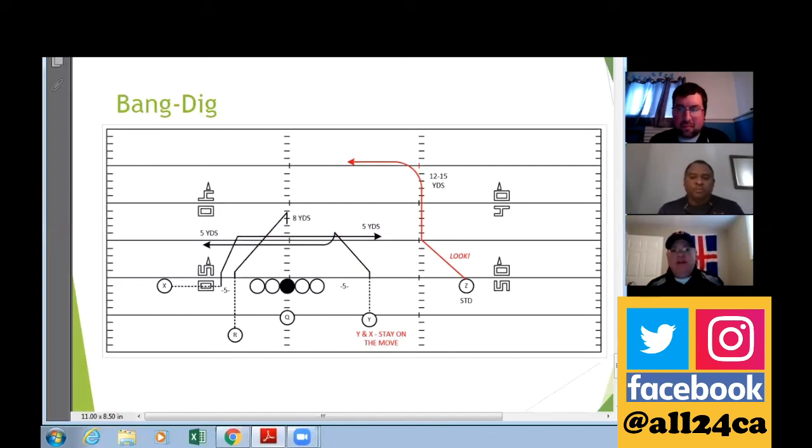If it doesn't come, he continues on vertically, gets into his 12 to 15 yard, rolls into his dig there, and continues on his way. But it gives us that hot. So in this case, with all these crossers versus zero versus stick, yeah, you can throw a crosser hot, but you've got a lot of traffic in there, and especially you're creating so much more traffic for yourself now. But this bang dig out there is a wonderful hot for that.